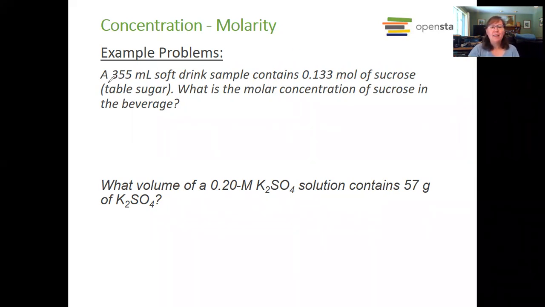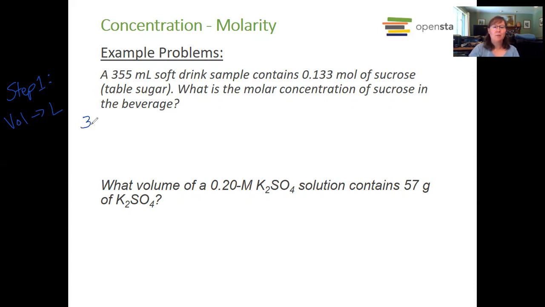In this, our step 1 needs to be to convert our volume. Our volume needs to be in liters. Sometimes it'll already be in liters, but if it's not, we need to convert it to liters.